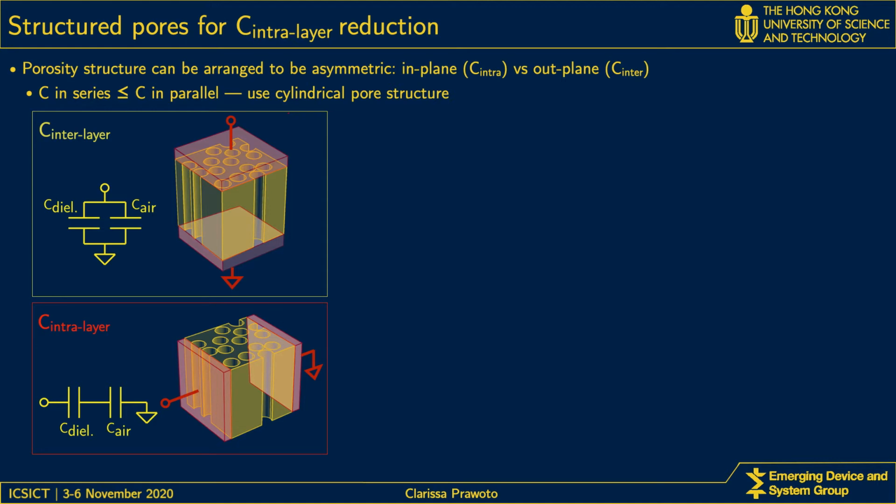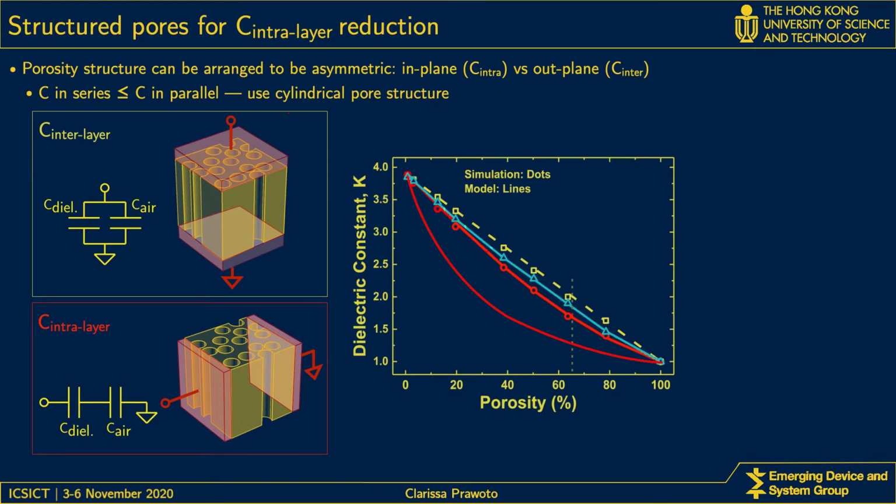The resulting asymmetrical dielectric constant is shown by the simulation result as a function of porosity. We can see that the intralayer K in red is lower than the interlayer K in yellow. And the theoretical minimum is simply when the dielectric is divided into two parts, air and dielectric.